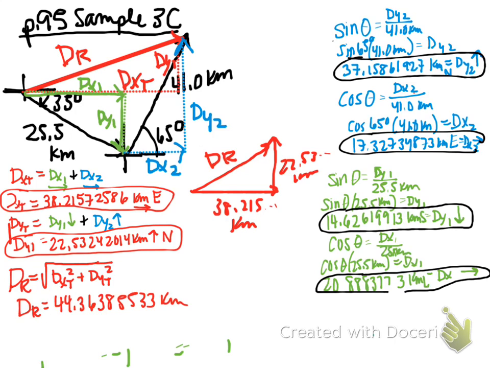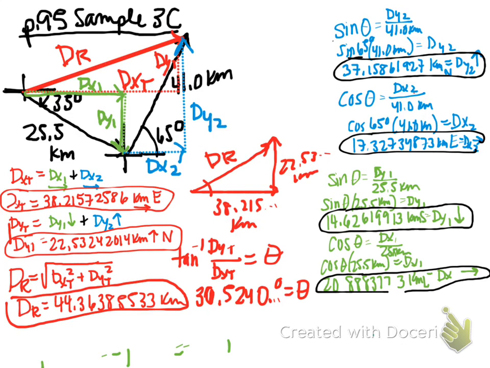We know that the inverse tangent of our dy total over dx total, opposite over adjacent, will give us theta.